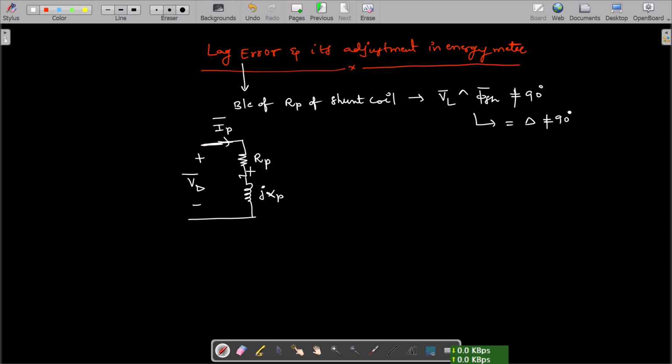Now, because of this Ip, this shunt coil is going to produce a flux phi sh.